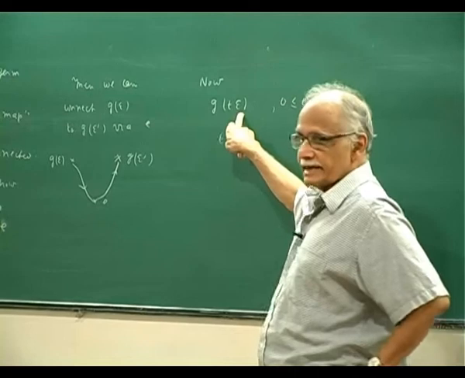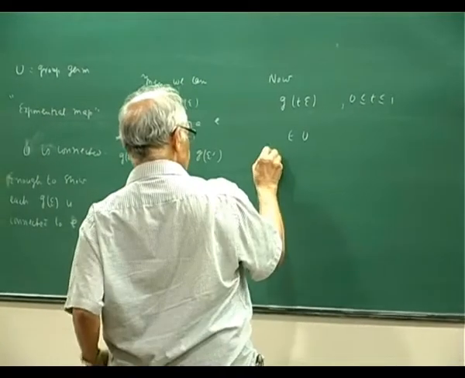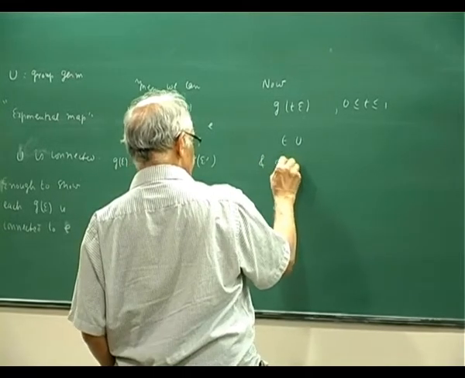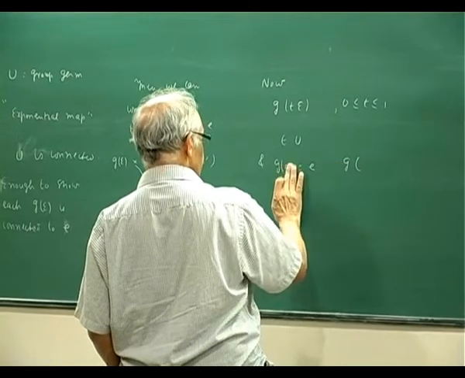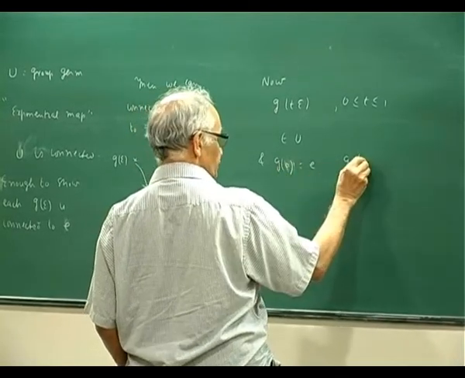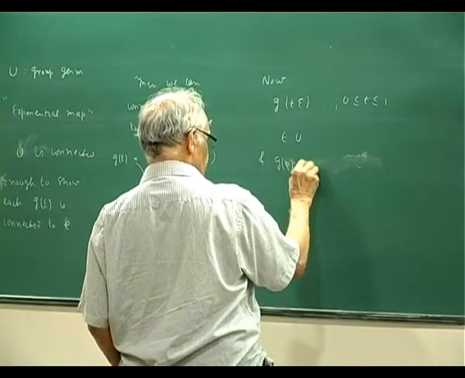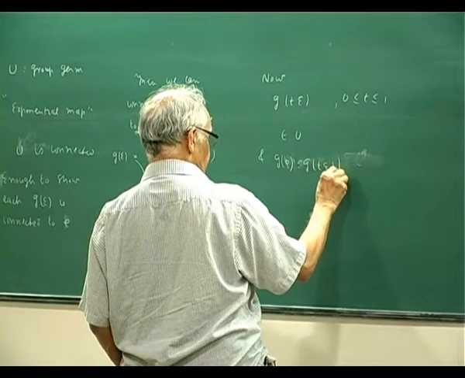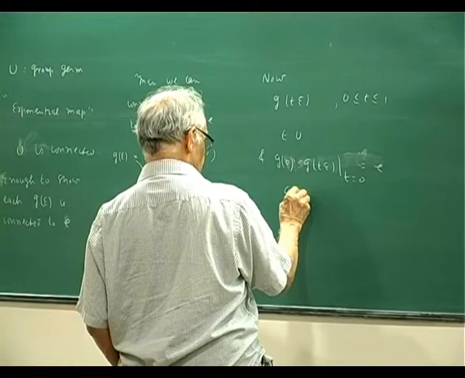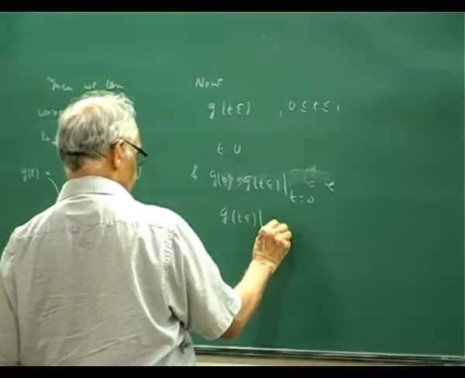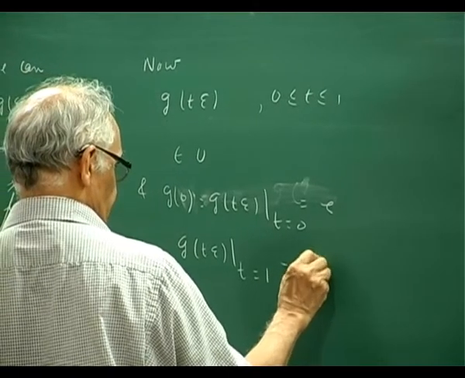So epsilon may be an n-dimensional vector, t is a parameter, and g(t epsilon) is in U. g(0) is identity, and g(t epsilon) at t equal to 0 is identity, and at t equal to 1 is equal to my starting point g(epsilon).